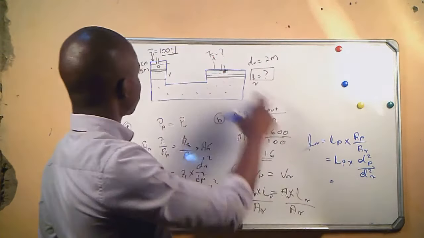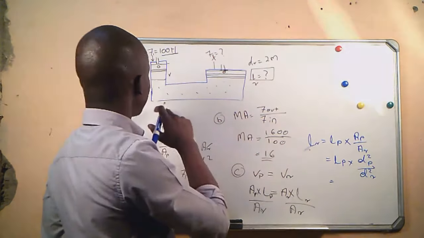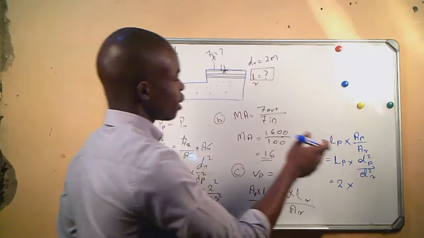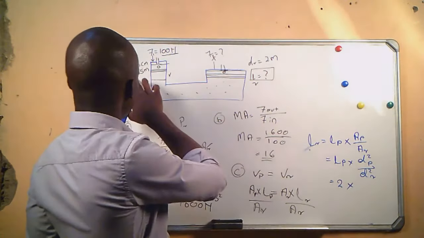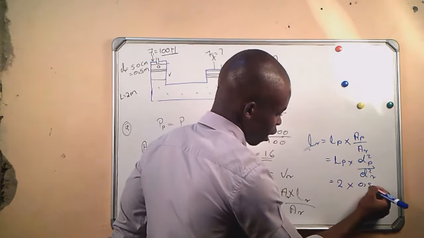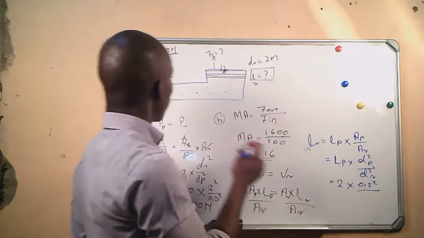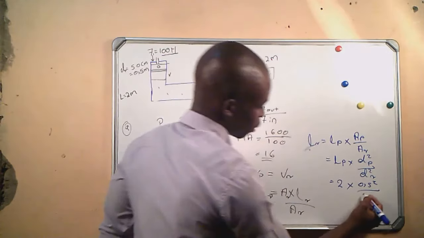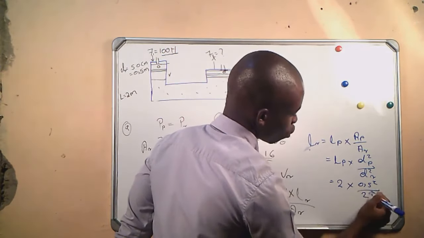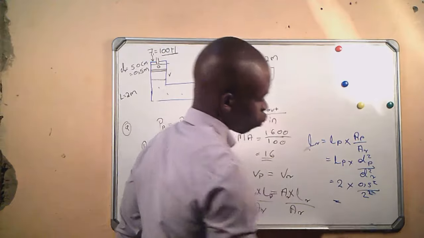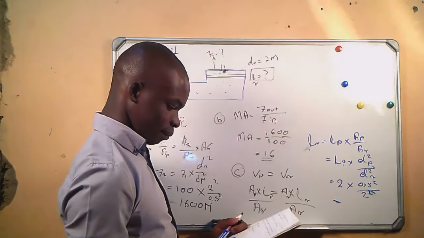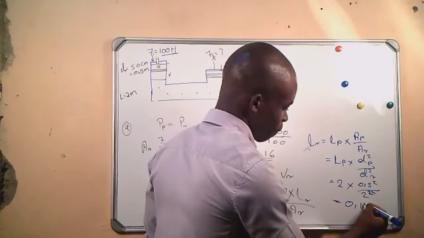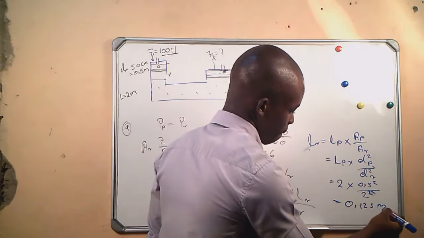What's the stroke length of the piston of the plunger? It's 2 meters, times the diameter of the plunger, which is 0.5 squared, divided by the diameter of the ram, which is 2 meters, squared. This will give us an answer of 0.125 meters.